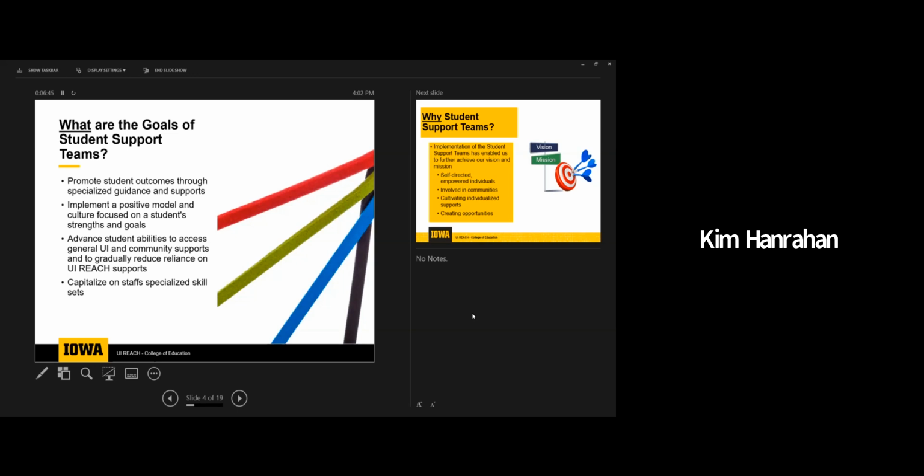We'll advance student abilities to access general UI and community supports so that students can gradually reduce their reliance on UI Reach supports and eventually rely mostly on campus and community supports, especially by the time they graduate from UI Reach. And it capitalizes on staff specialized skill sets like I've alluded to before.